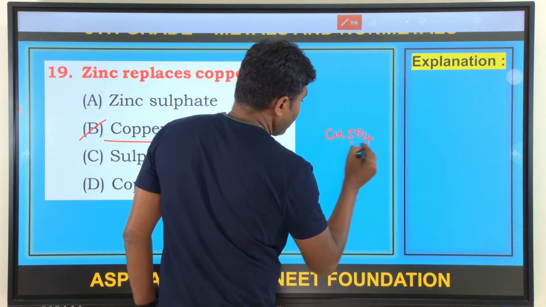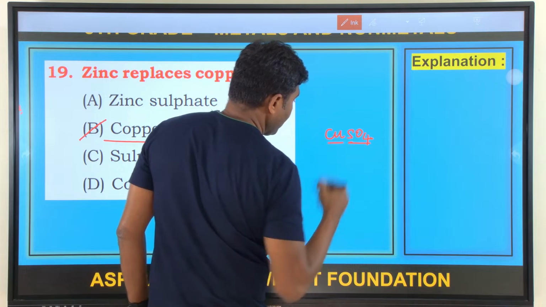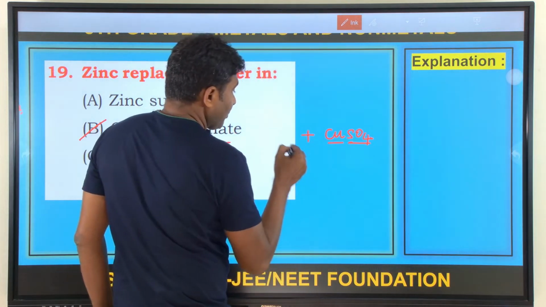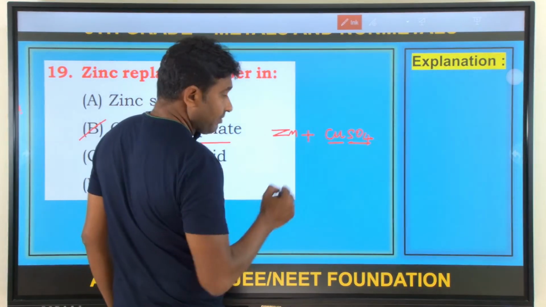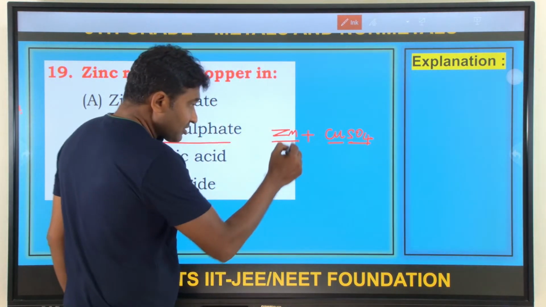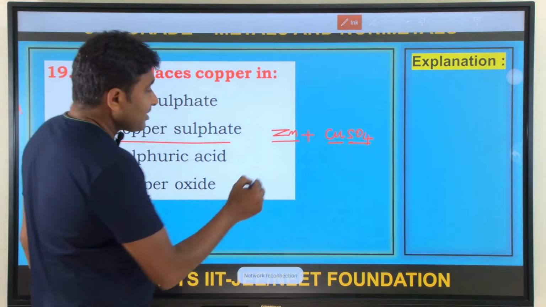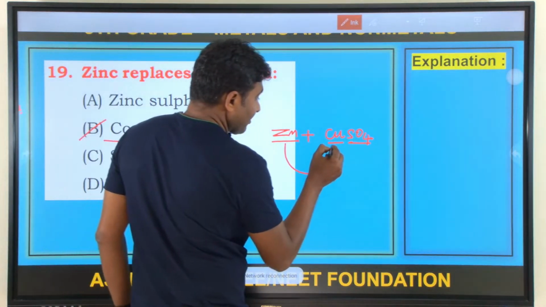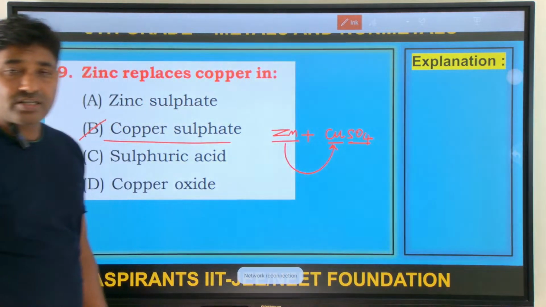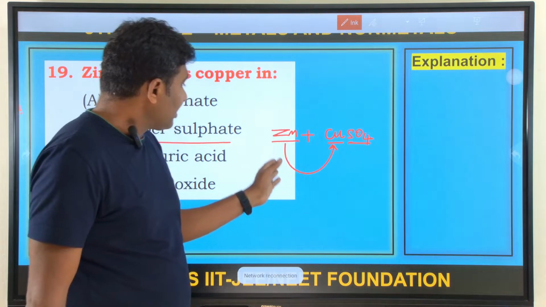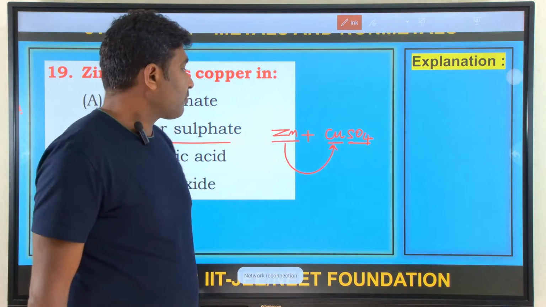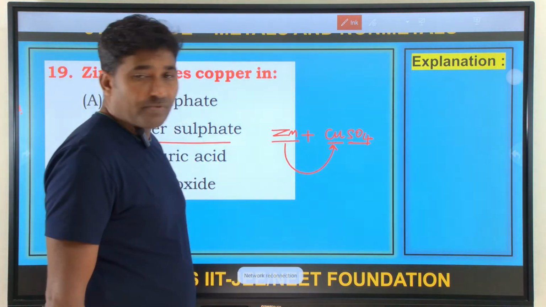This is the anionic part, this is the cationic part. When we treat it with zinc, zinc is a metal, copper is a metal, but among these two, zinc is more reactive in nature. Zinc is more reactive than copper. That is why zinc displaces copper from its position in the copper sulfate molecule.